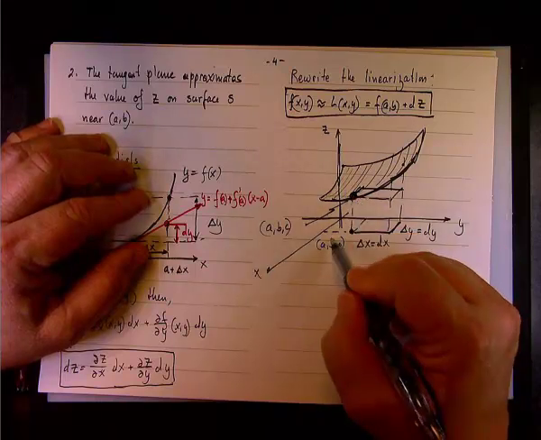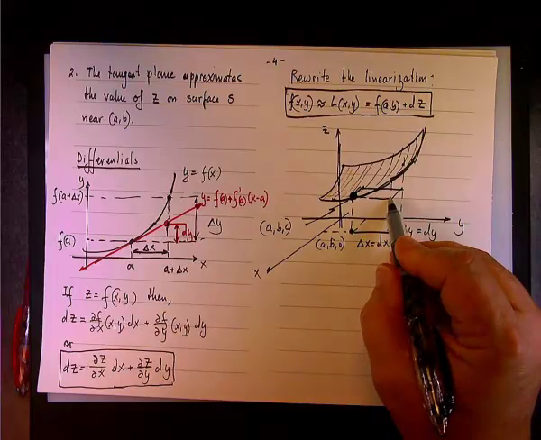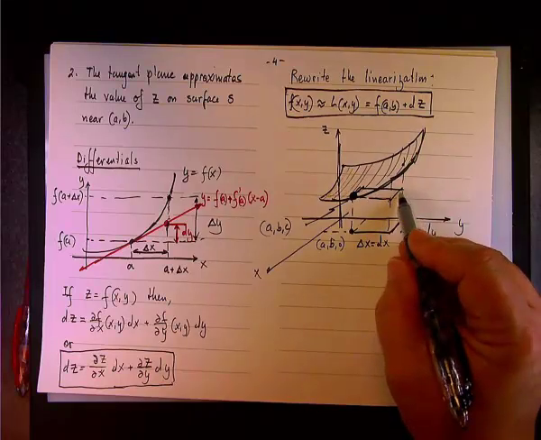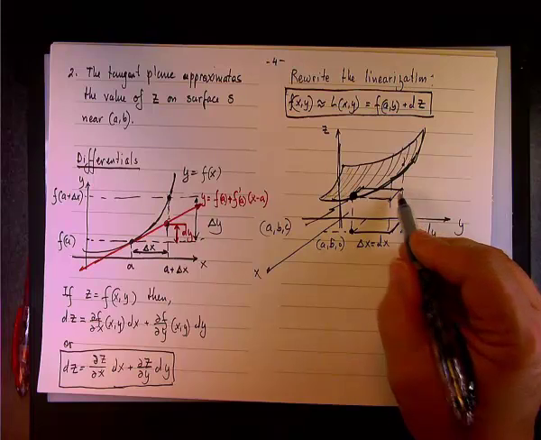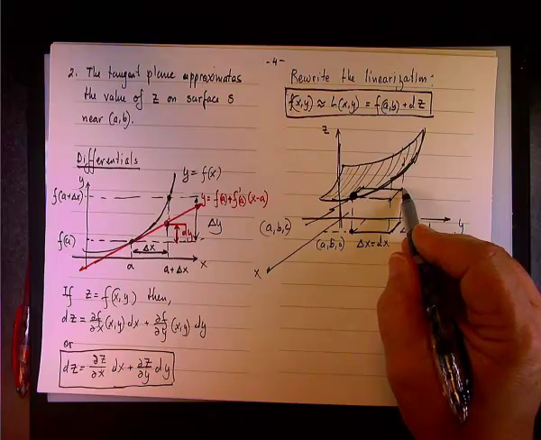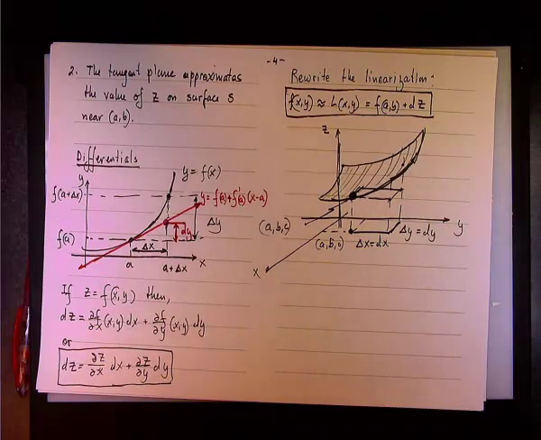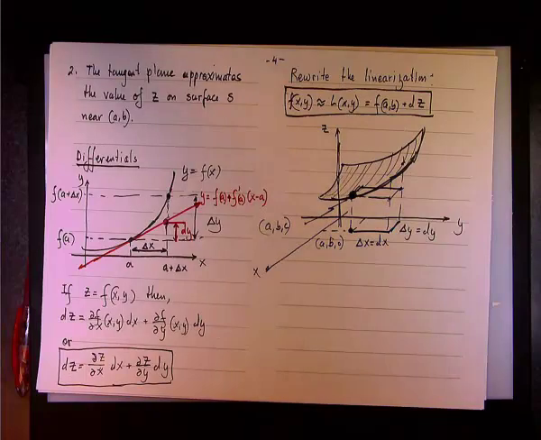On this corner we have a, b, and c. On this corner we'll have a plus dx. At this corner we have a plus dx, b plus dy, and c is the same.